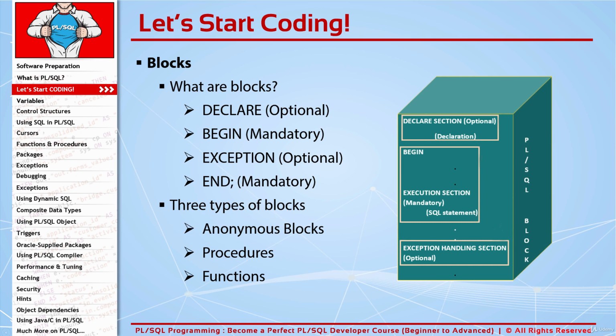PLSQL procedures are saved blocks that have SQL or PLSQL in them to do some job whenever we call them with their name. Functions are just like procedures. The difference is functions must return a value, but procedures do not have a return type. So this is the end of anonymous blocks. See you in our next lessons.